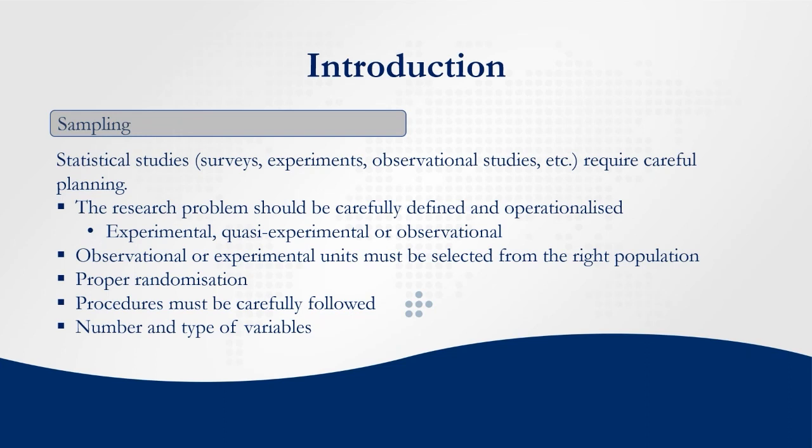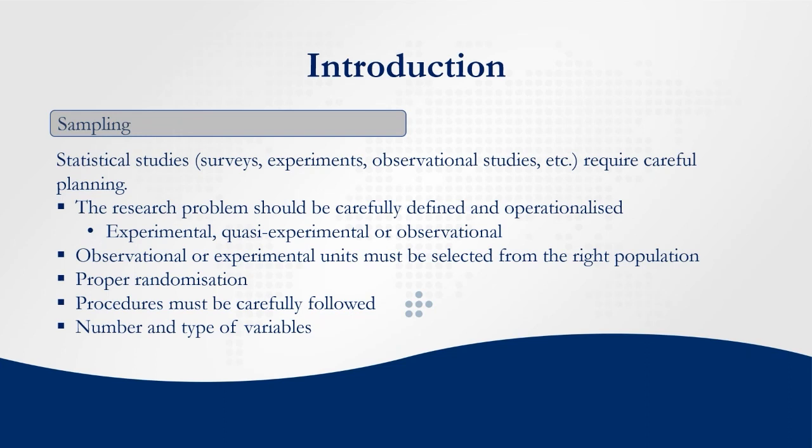So as you carefully define it, it will also lead you to be able to say that my study is observational and it's cross-sectional, or my study is observational and it's longitudinal, because I have to measure whatever I'm measuring more than once. So once I'm measuring more than once, it will become longitudinal.